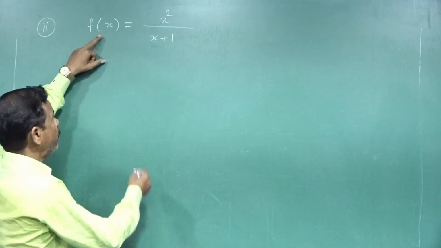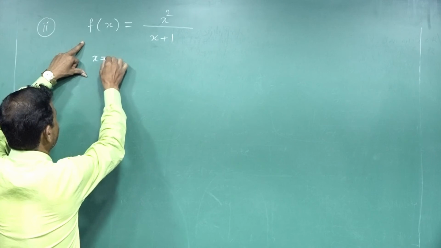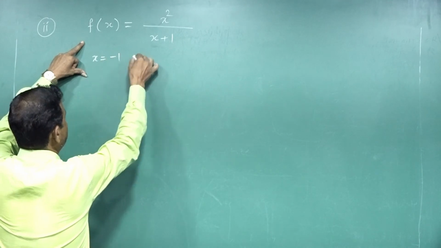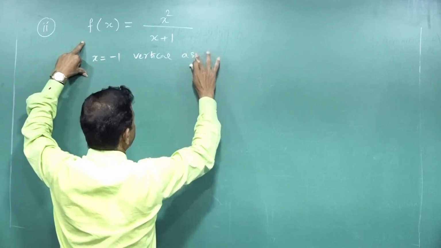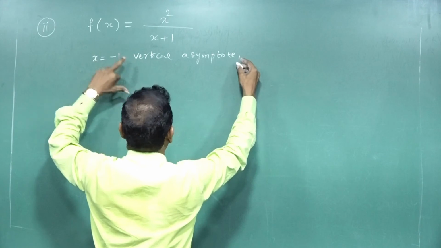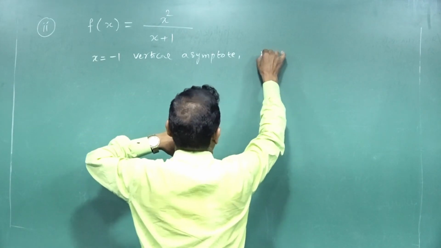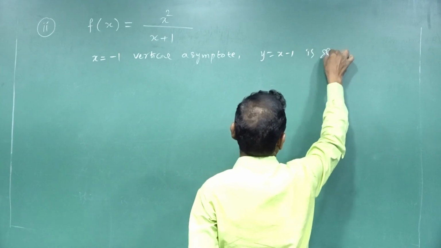For this function, x is equal to minus 1 is a vertical asymptote, and y is equal to x minus 1 is a slant asymptote.